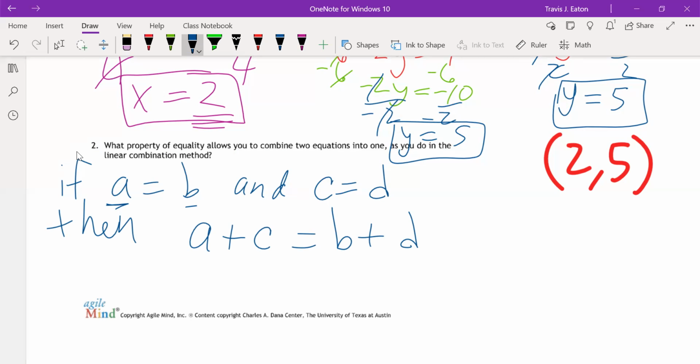And then we had the second equation where we were adding the coefficients of x and y here equaling the negative 4. So we were able to add those two expressions on the left side together, and we were able to add the two sums together.